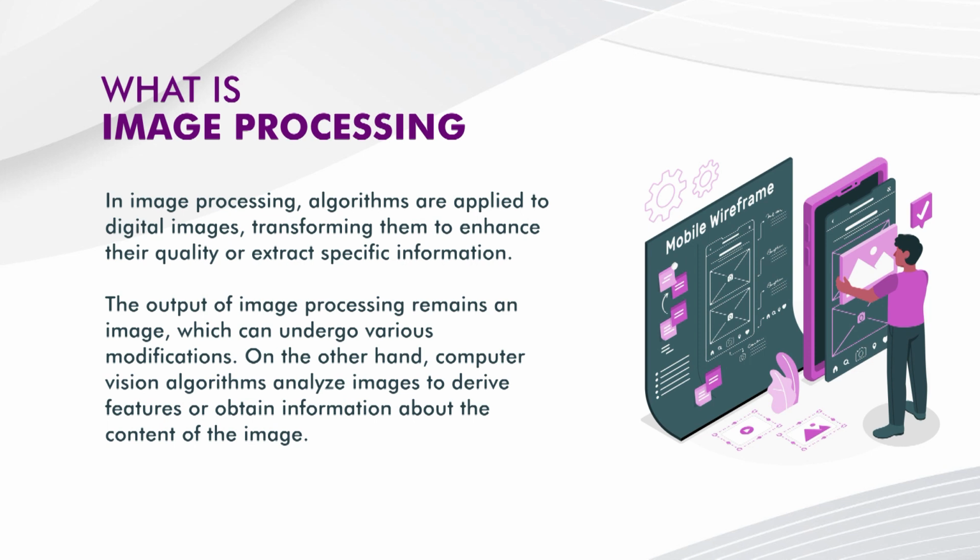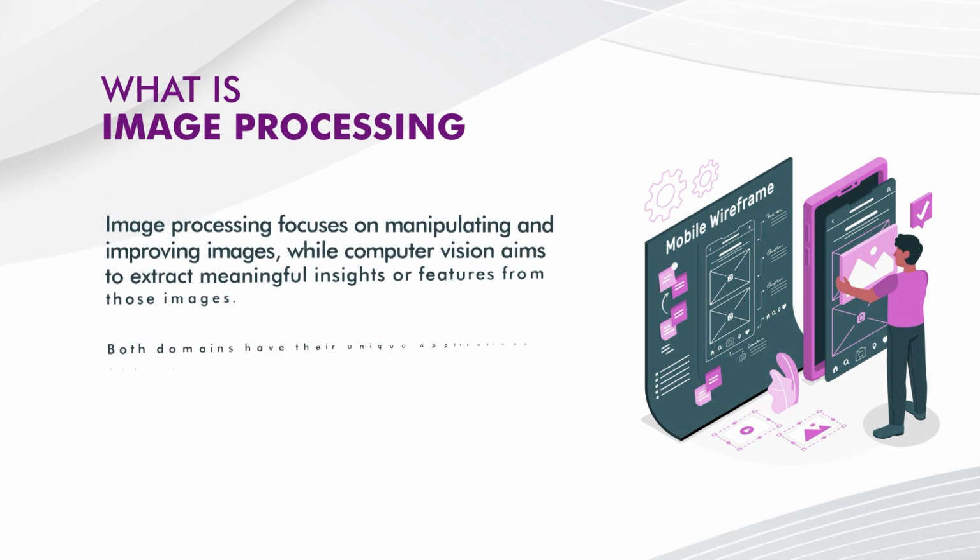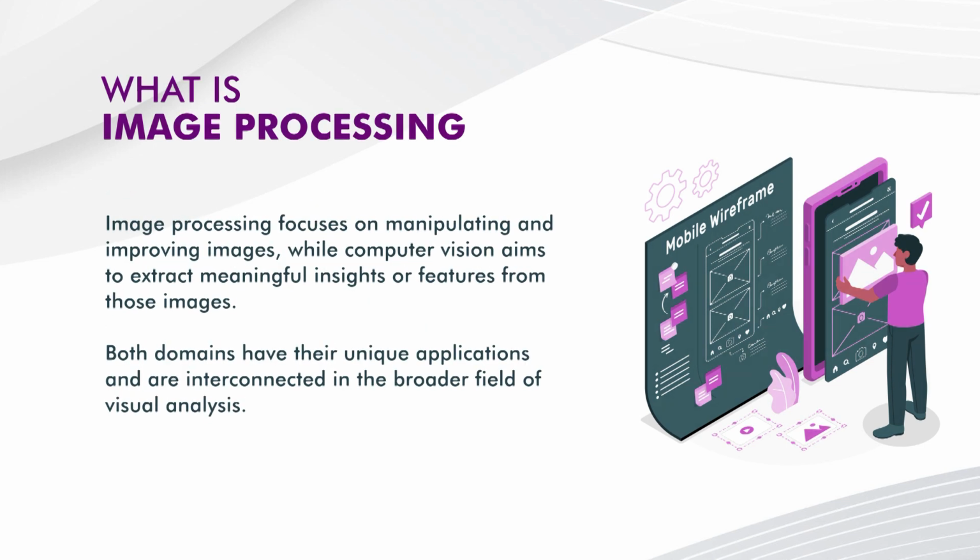On the other hand, computer vision algorithms analyze images to derive features or obtain information about the content of the image. In summary, image processing focuses on manipulating and improving images, while computer vision aims to extract meaningful insights or features from those images.